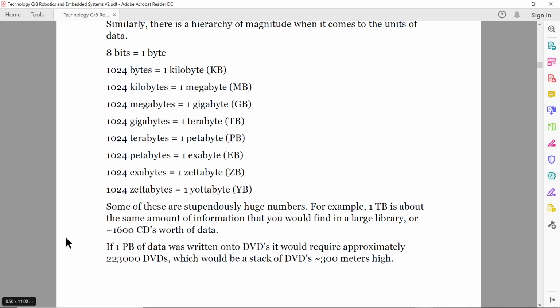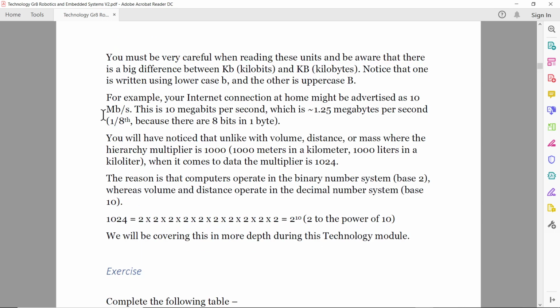So the length of 3 rugby fields, if you go vertical, that's how many DVDs you would need for 1 petabyte of data. An exabyte would be 1,024 times that. So you can see these numbers get enormous. So remember, that's the big takeaway here. The multiplier is not 1,000, it's 1,024.